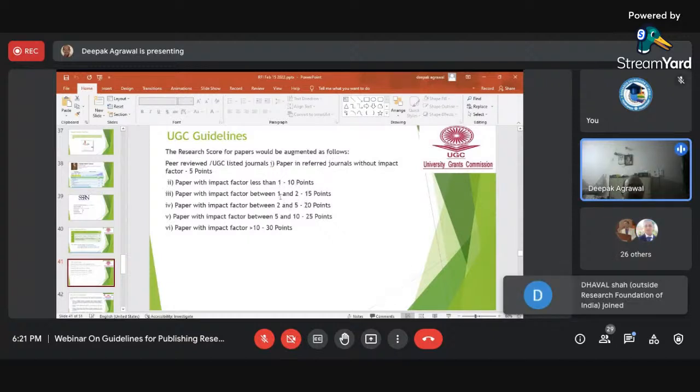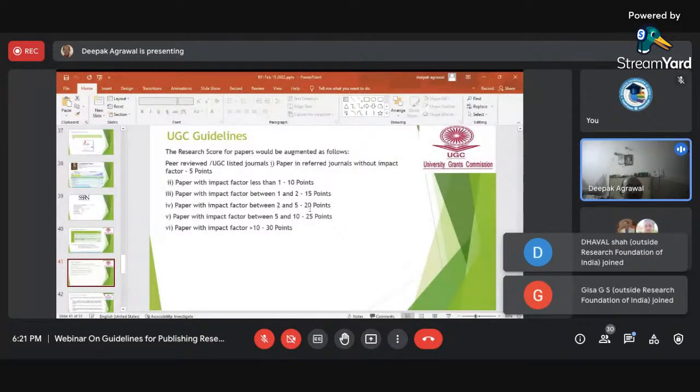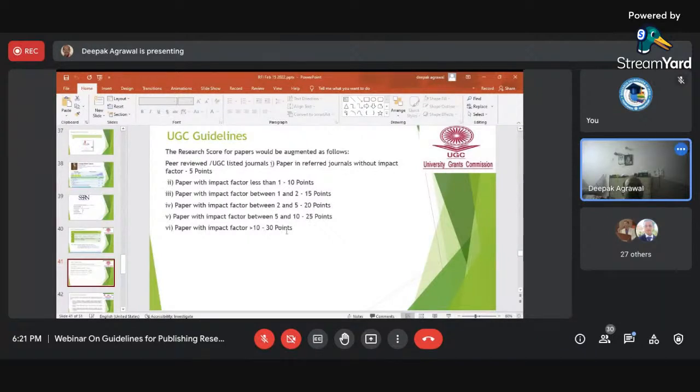If it is between 1 and 2, it is 15 points. If the impact factor is between 2 and 5, it is 20 points. Single author, I am talking. And if it is between 5 and 10, then 25, and above 10, it is 30 points. Then there are other considerable factors in terms of joint authors and more than 2 authors. Different guidelines and scores have been provided for it.